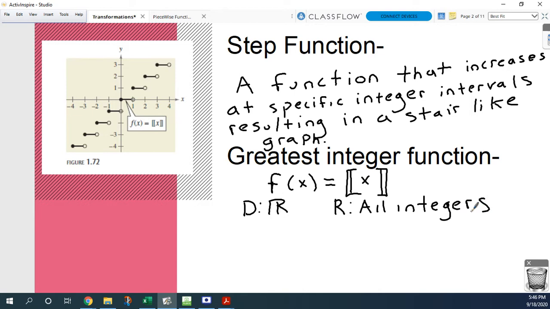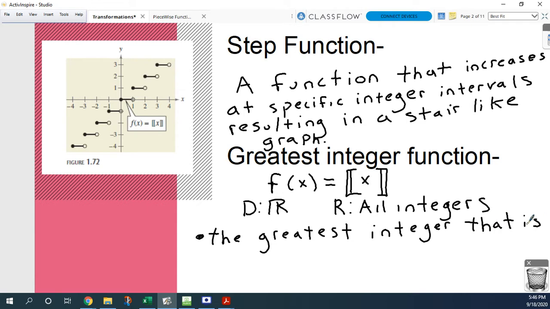The way that we read this, or the way that we think about it, is the greatest integer that is less than or equal to x. And that's going to be important when we start trying to actually plug things into a greatest integer function.